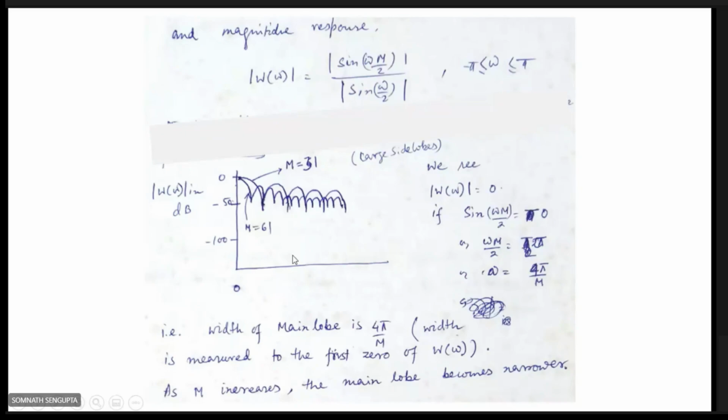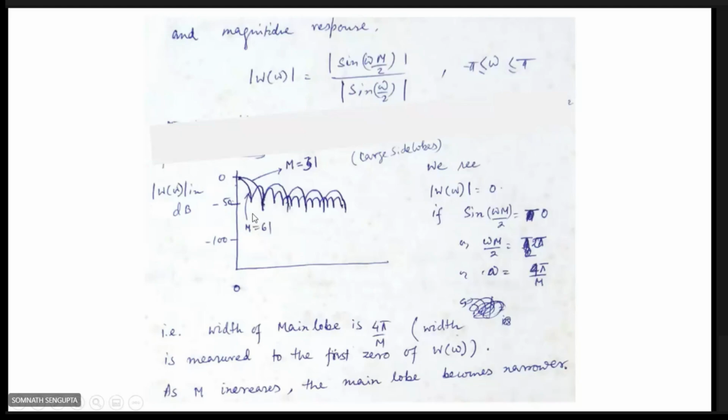So we can say that the width of the main lobe depends on the number of samples of the window function. If you take a larger number of samples, M increases, which means it is a wider function in time, with more DC value, so the main lobe width will decrease.